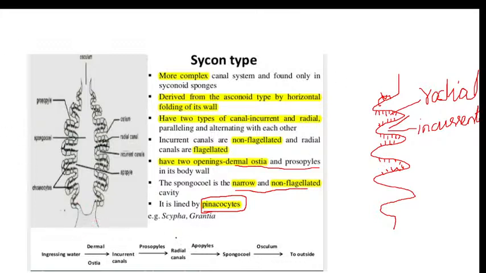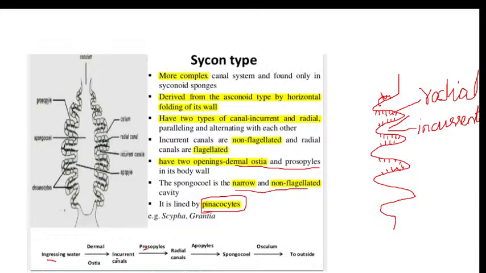Then the incoming water through the dermal ostia will reach the incurrent canals, and from the incurrent canals through the prosopiles. Just have a look, and you need to write down and sketch this picture also for clear understanding. The incoming water is through the dermal ostia. It reaches the incurrent canals.